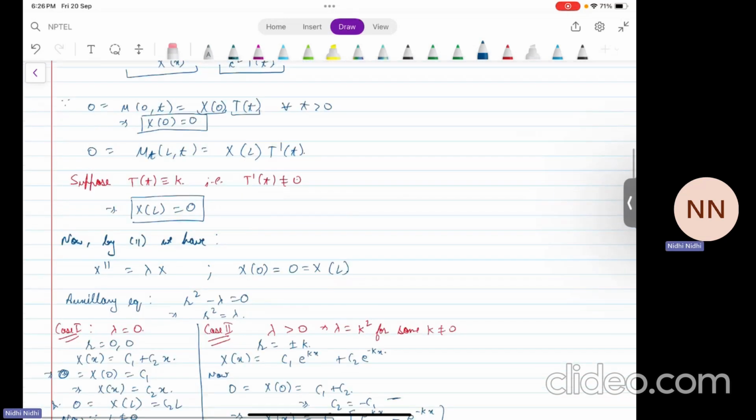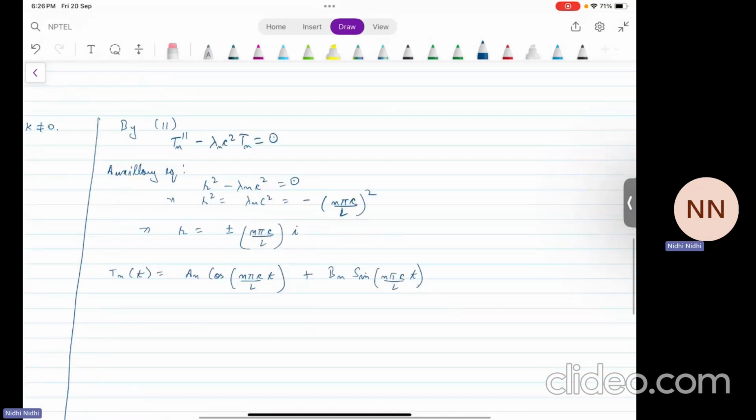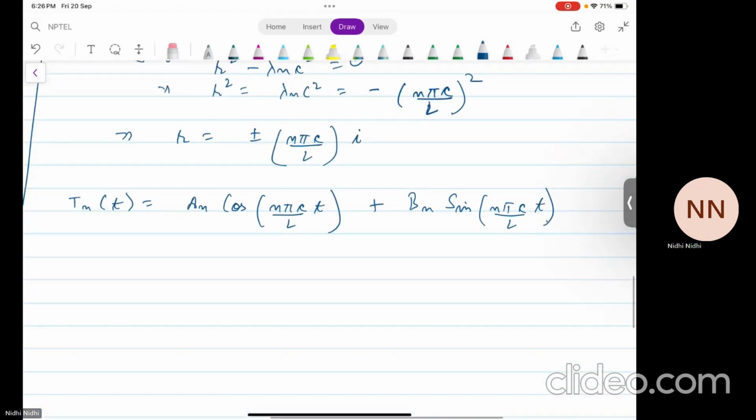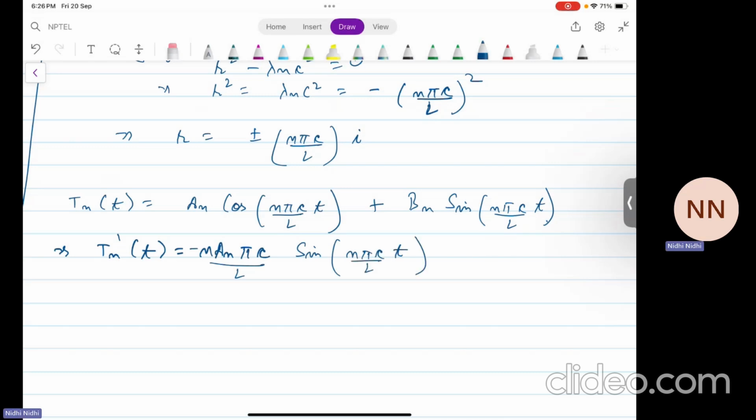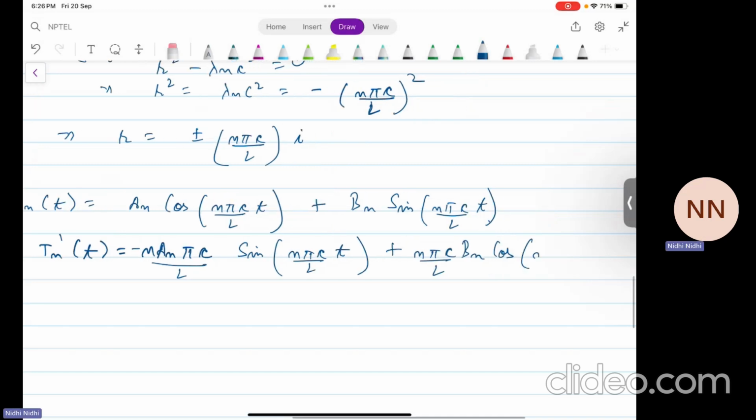So from here, we have Tn dash t is equal to an n pi c by L minus sin n pi c by L t plus n pi c by L bn cos n pi c by L t.